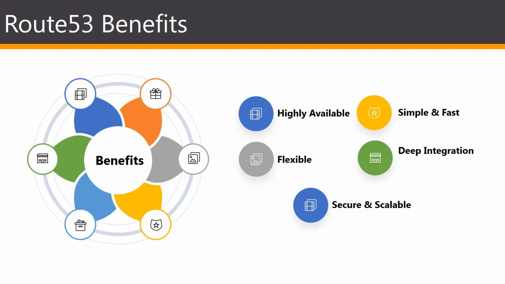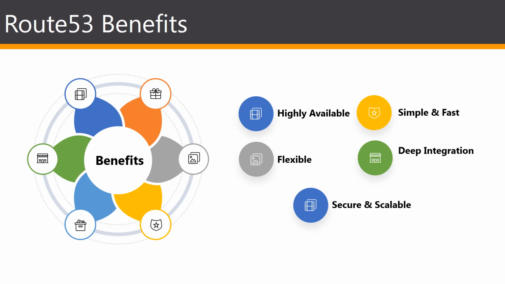It's especially designed for use with other Amazon Web Services. You can use Route 53 to map domain names to your EC2 instances, to S3 buckets, or to CloudFront distributions. By using the AWS IAM, or Identity and Access Management, with Route 53, you can get fine-grained control over who can update your DNS data.